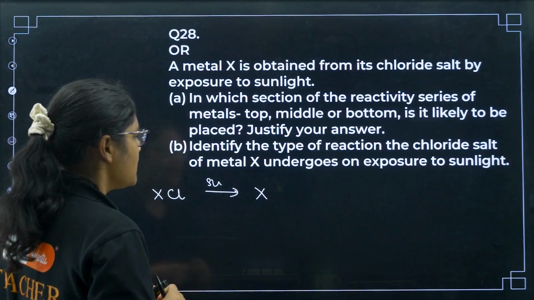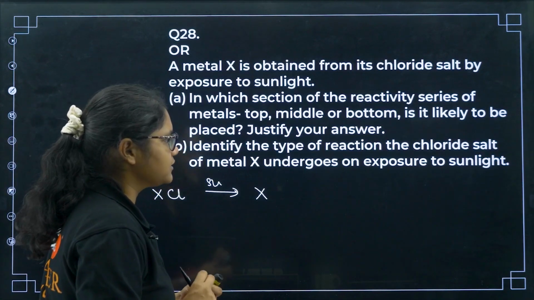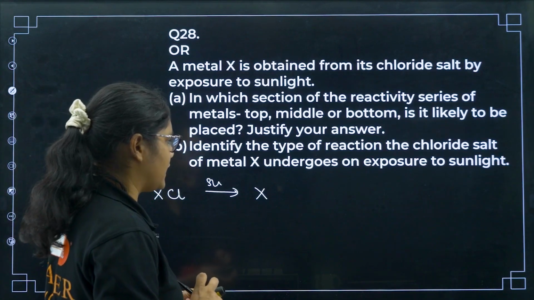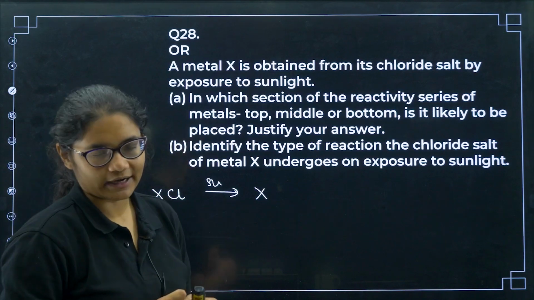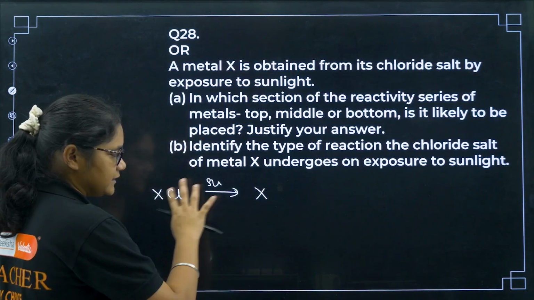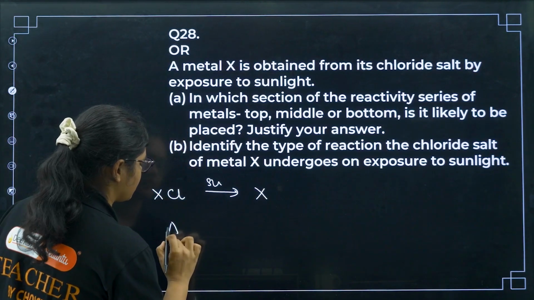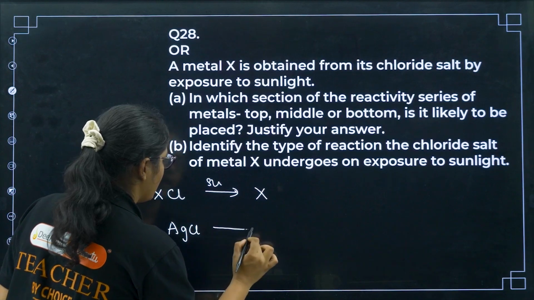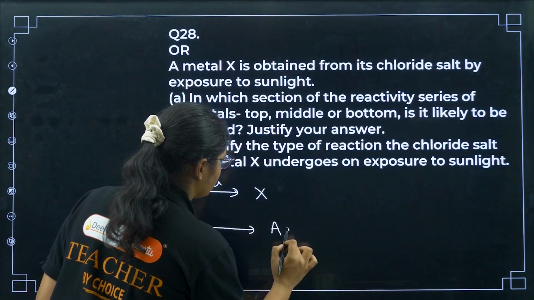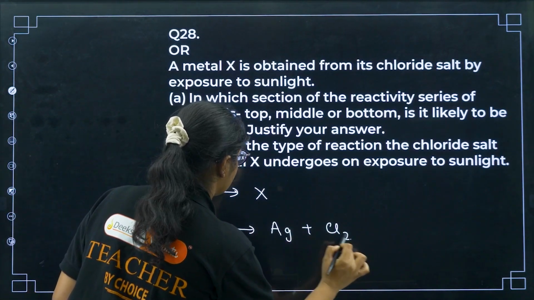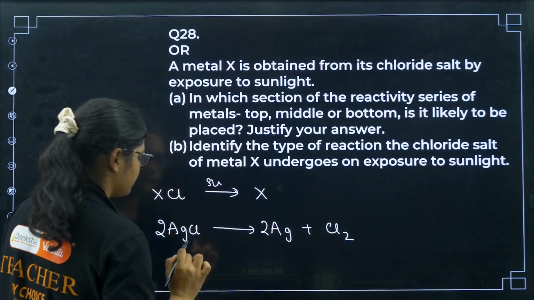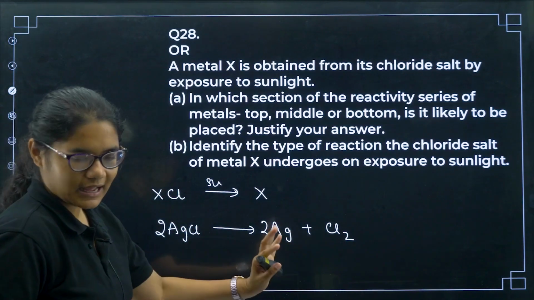Justify your answer. Now identify the type of reaction this chloride salt of metal X undergoes on exposure to light. By seeing the reaction you can easily guess. Suppose you have AgCl, and you put it in sunlight, you get Ag plus Cl2, right? This is what happens.